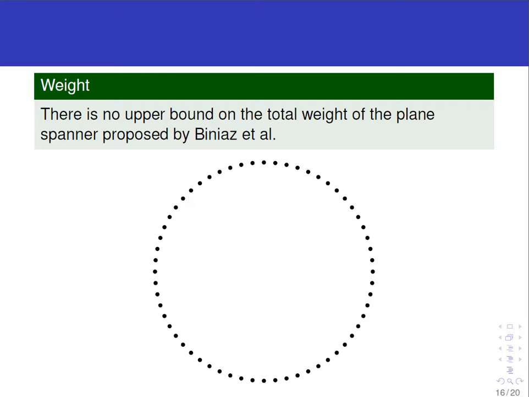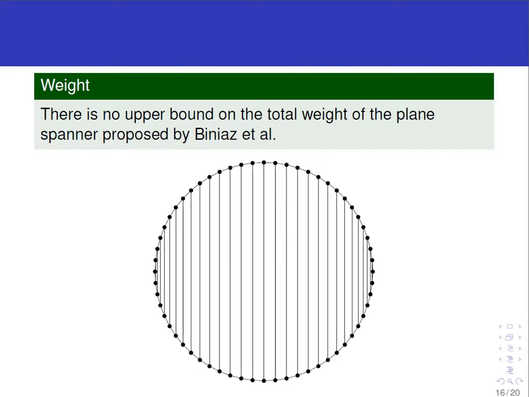Assume that n is sufficiently large. Clearly, the convex hull edges except one edge form a minimum spanning tree of P. Consider this figure. This figure shows the plane spanner of P using Biniaz's algorithm. It is clear that the weight of the spanner is related to n. Hence, the weight of the spanner is unbounded.